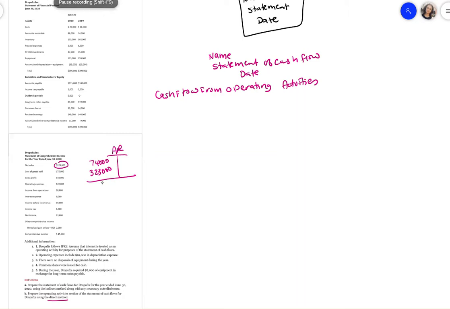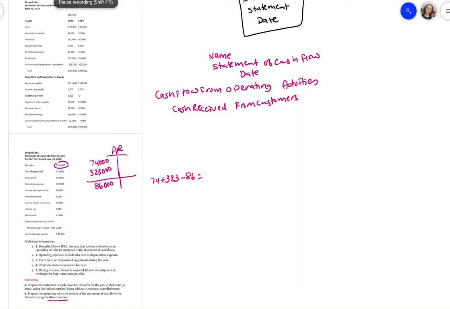We know that we're going to end up with 86,000. We want to know how much cash we received from the customer. There's no unearned revenue at this point. So you take the 74,000, add the 323,000 and minus the 86,000. That's how much cash we received from customers.